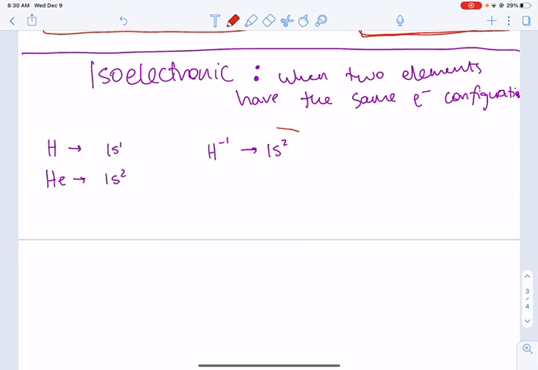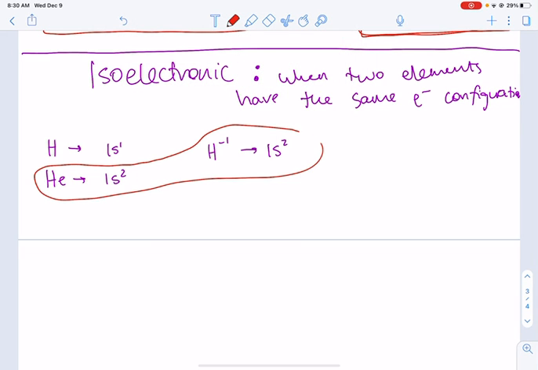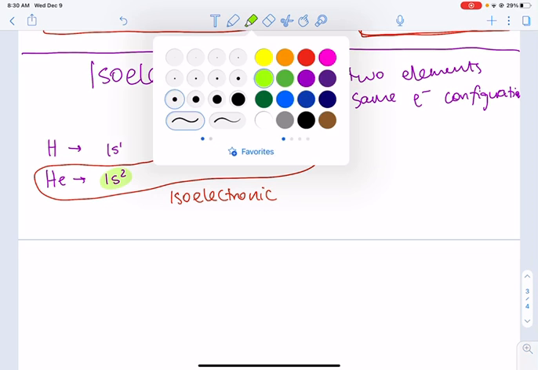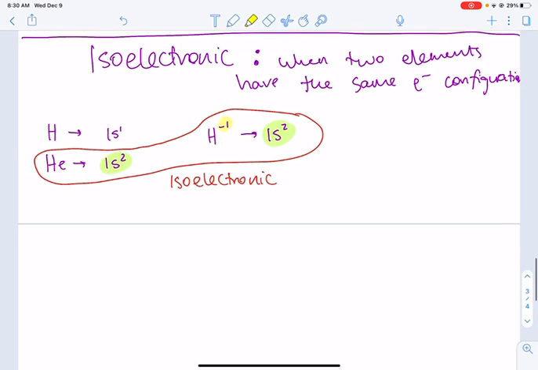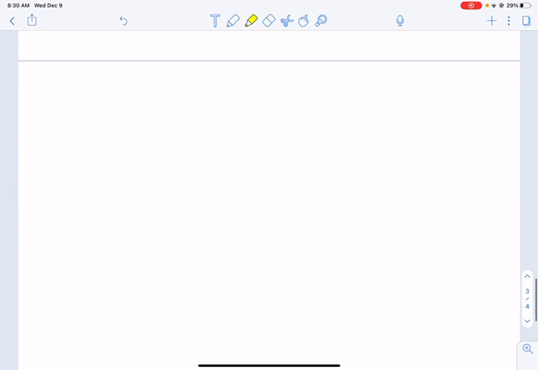So these are isoelectronic to one another because you'll see they have the same electron configurations. Now, the only reason they have the same electron configurations is because this is an anion and it had to gain an electron. So let's do another example.